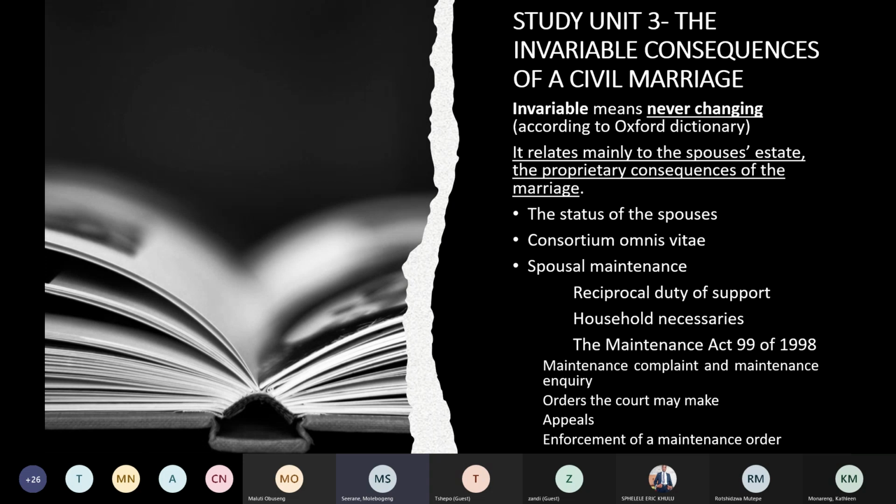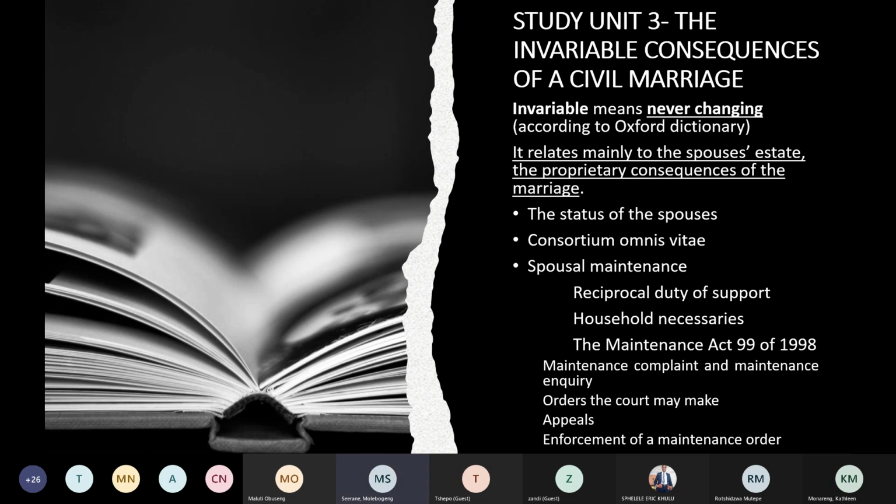However, only when you cannot afford to pay, so when you are unable to pay the maintenance. Okay, then we move along to the last point of the Maintenance Act, the enforcement of a maintenance order. Enforcement can be done either in civil or criminal proceedings.